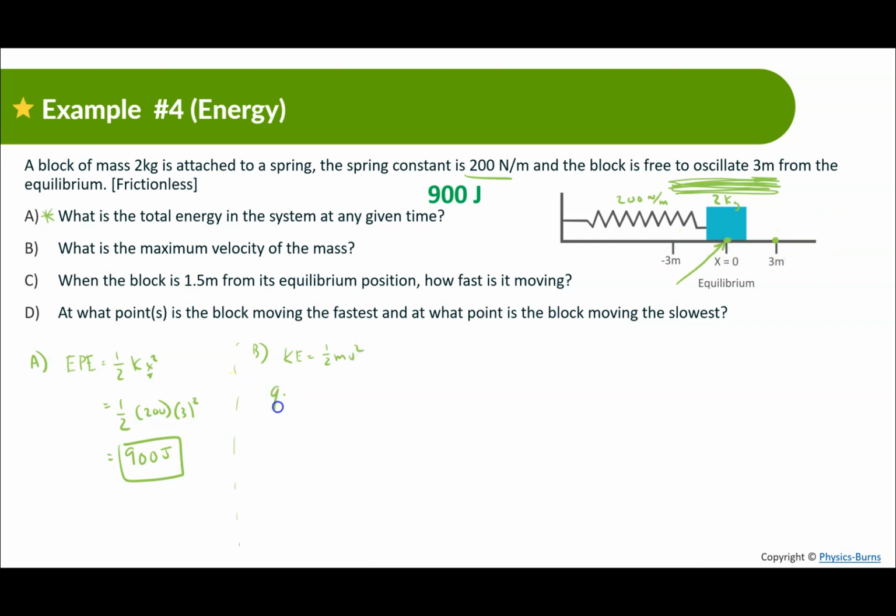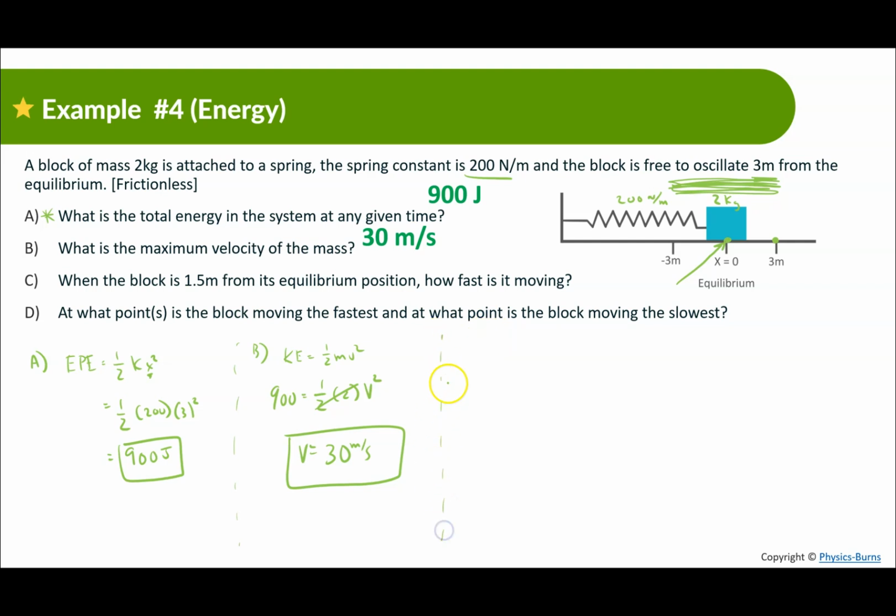So 900 is equal to 1/2 the mass, which is 2, times v max squared. Well, 1/2 and 2 just cancel out, so I'm just going to do the square root of 900. And we get 30 meters per second. So that's the fastest this thing is going to go as it oscillates back and forth.